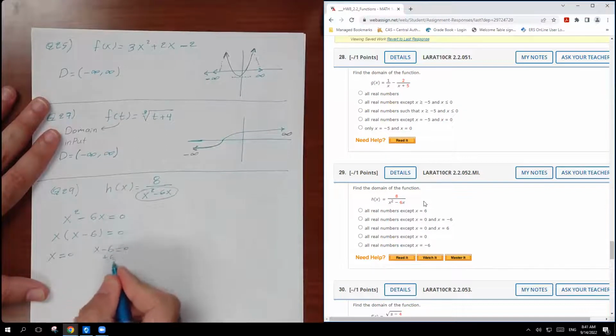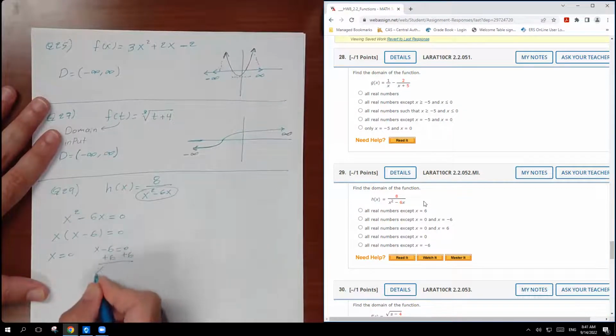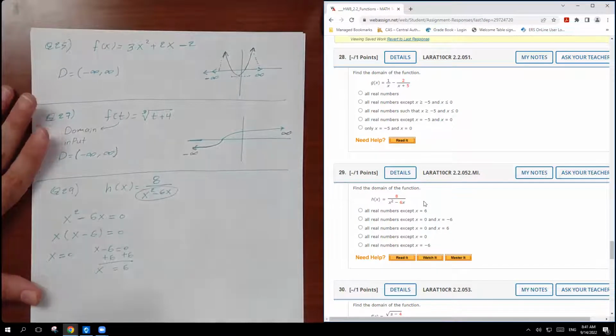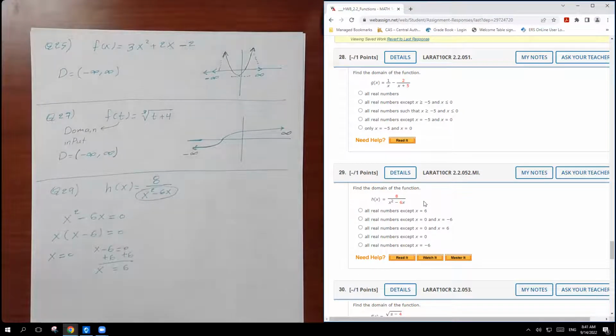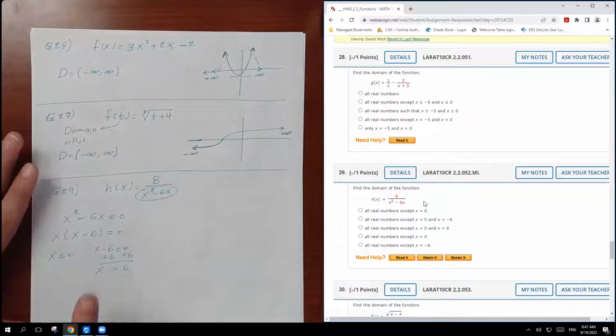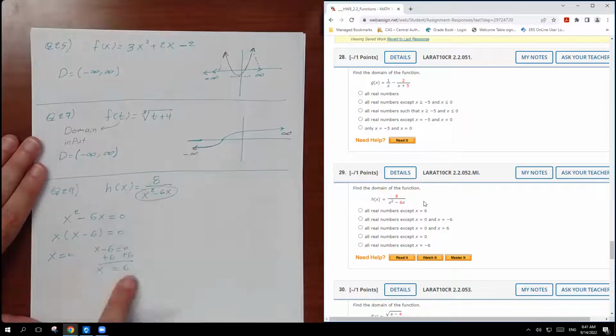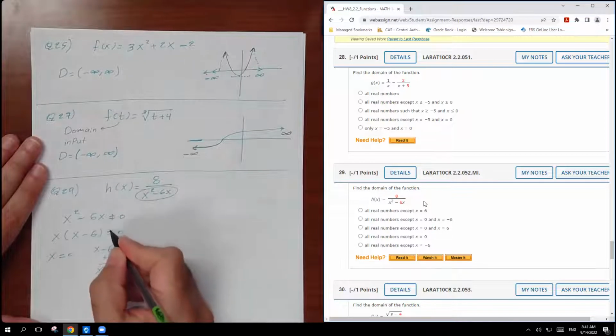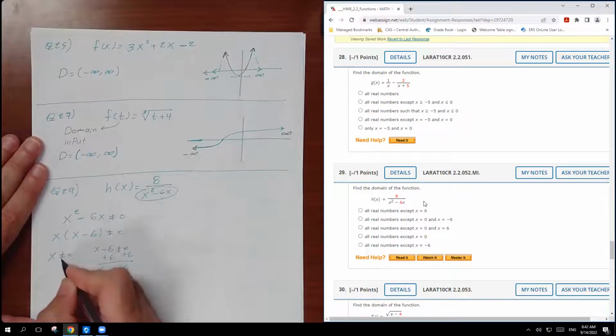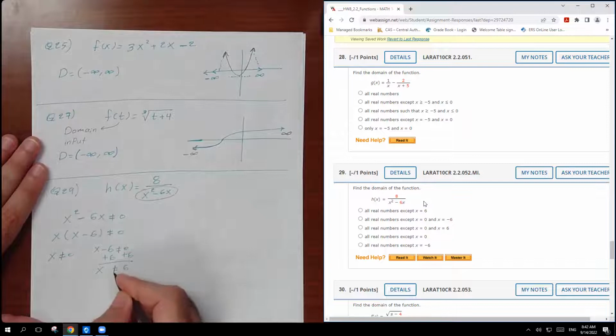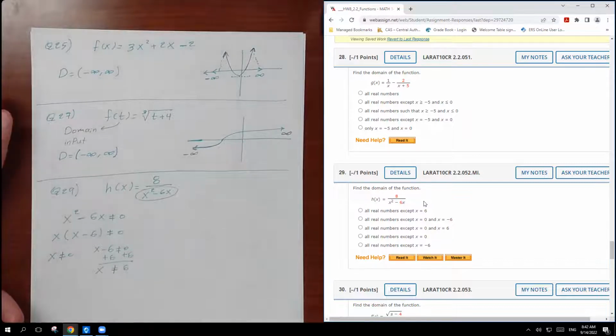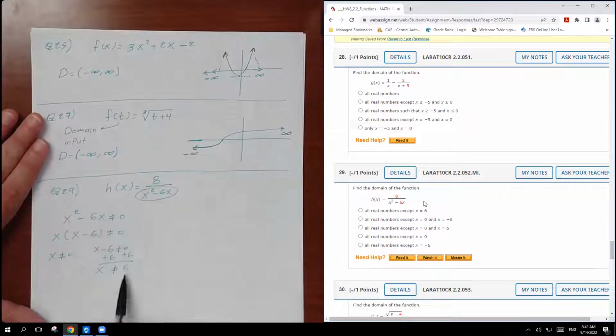That means you're going to add 6. So x is going to be equal to 6. That means I can take all numbers except 0 and 6. That's why I put not equal here, not equal here. That means you can take all numbers except 0 and 6.